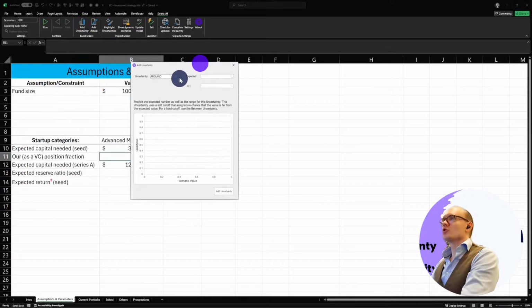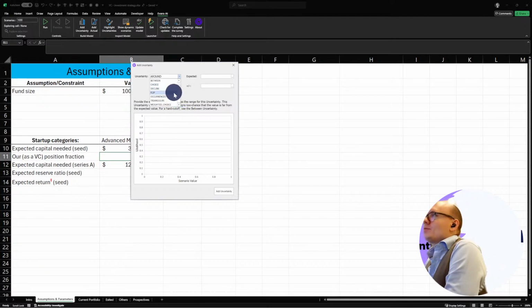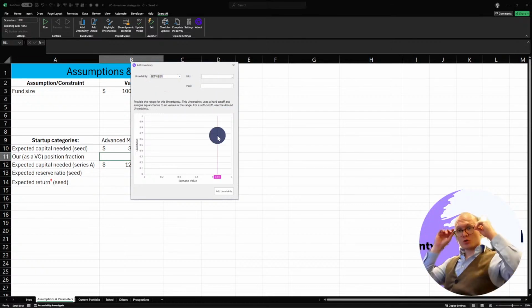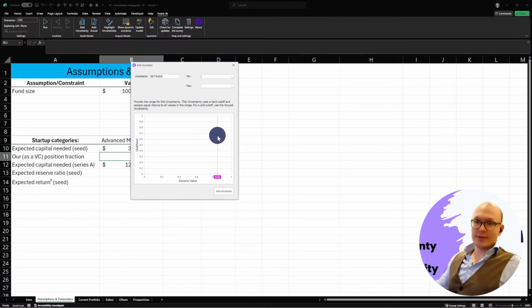So you can see here are some of the options you can choose from through the scroll bar. And perhaps what we'll do is we will say that our position is going to be between two numbers, but otherwise fairly uniformly. But let's say we have a min-max position that we want to take in any investments that we do, relative, by the way, to the amount that is needed.